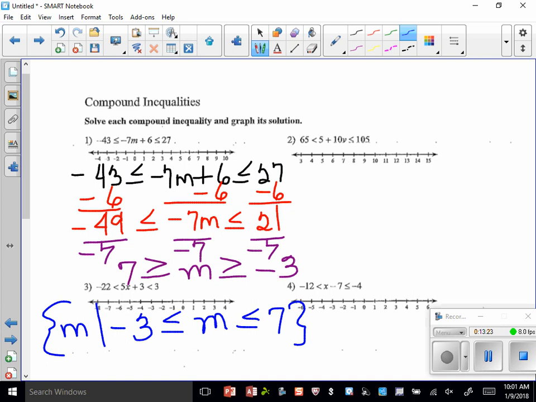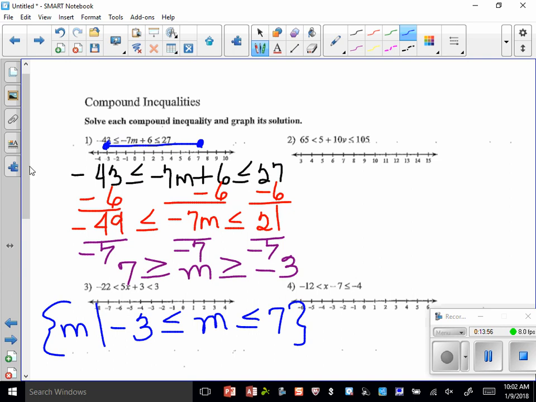If you feel like there's not enough space up here, by all means, you can use your spiral notebooks. Now you're graphing between negative 3 and positive 7. Negative 3 should have a closed dot on it. Positive 7 should have a closed dot. Then you just shade it between the two numbers. Any questions on that?